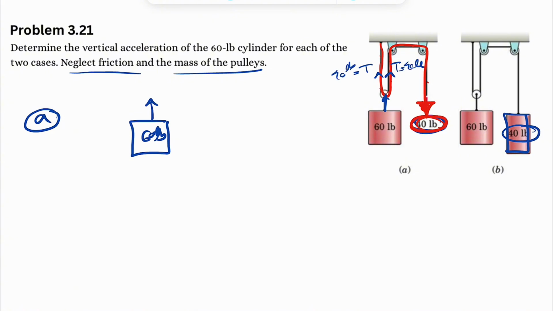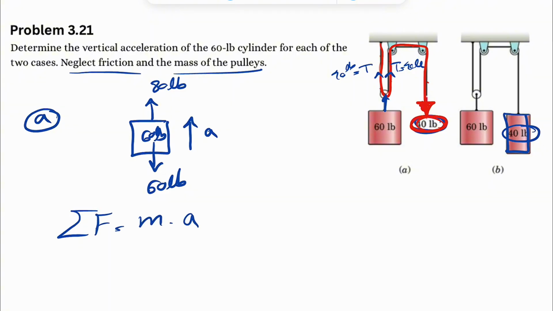So we can show that we have a tension of basically 80 pounds in here, and obviously we have the weight, which is 60 pounds, and the acceleration that moves this block upward. So we have the sum of all forces equal to mass times acceleration, and we can see everything is in the y direction, so we're going to call our y direction in here.